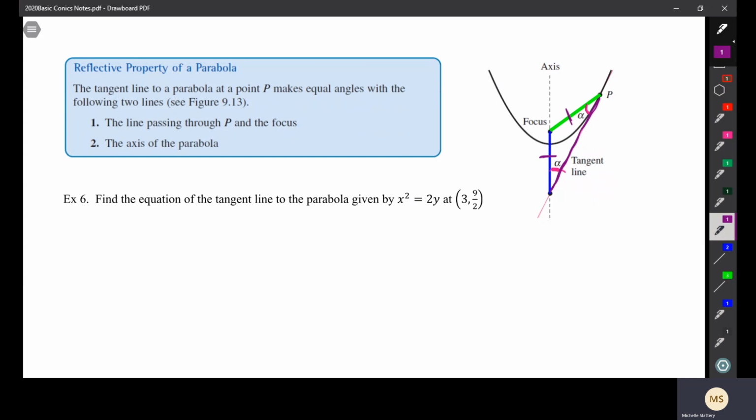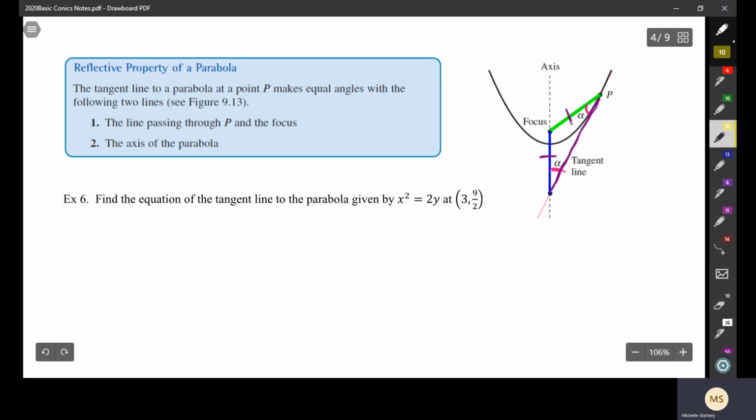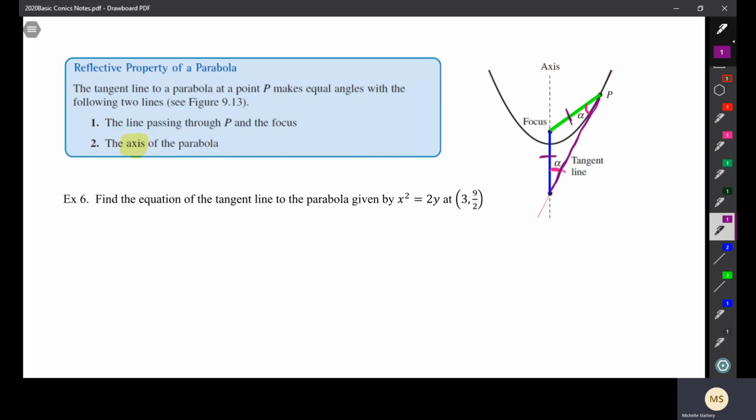All right. So one thing that I want to point out to you, because this is a common error that I see, is that here it says the axis of the parabola. The axis of the parabola is the axis of symmetry. Our textbook tends to only give us examples where the axis of symmetry is the y-axis, and I don't want you to be confused that this axis is the y-axis. So this is not the y-axis.